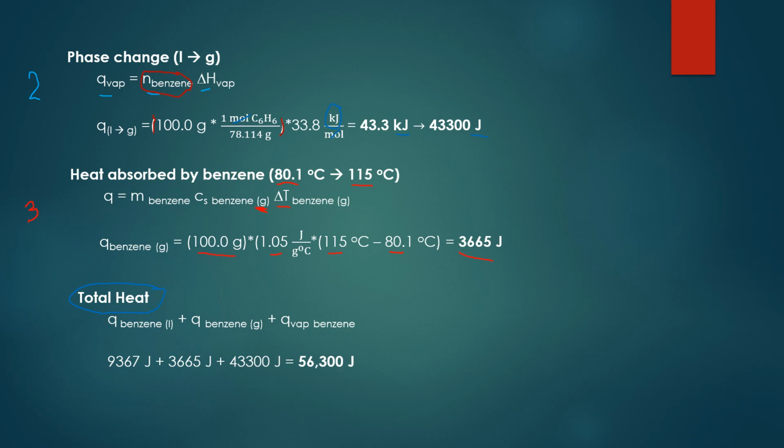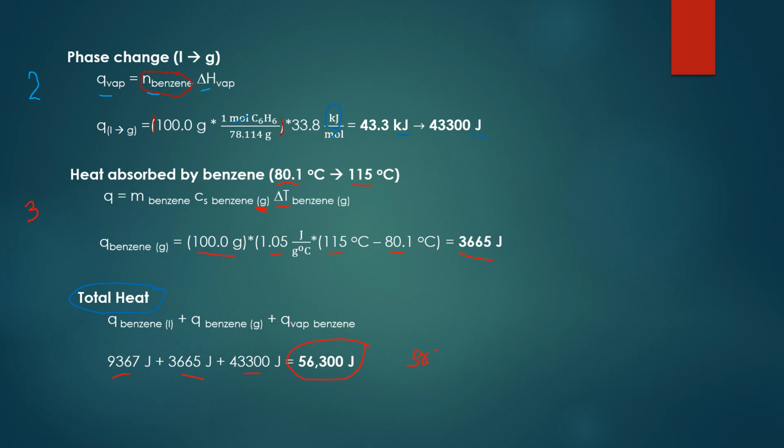So now that we have the heat for all 3 steps, our final step is to add those 3 heats together so that we get a total heat for the reaction, which is 56,300 joules. If you wanted to convert this into kilojoules, you would move the decimal point 3 times to the left, and you would get 56.3 kilojoules.